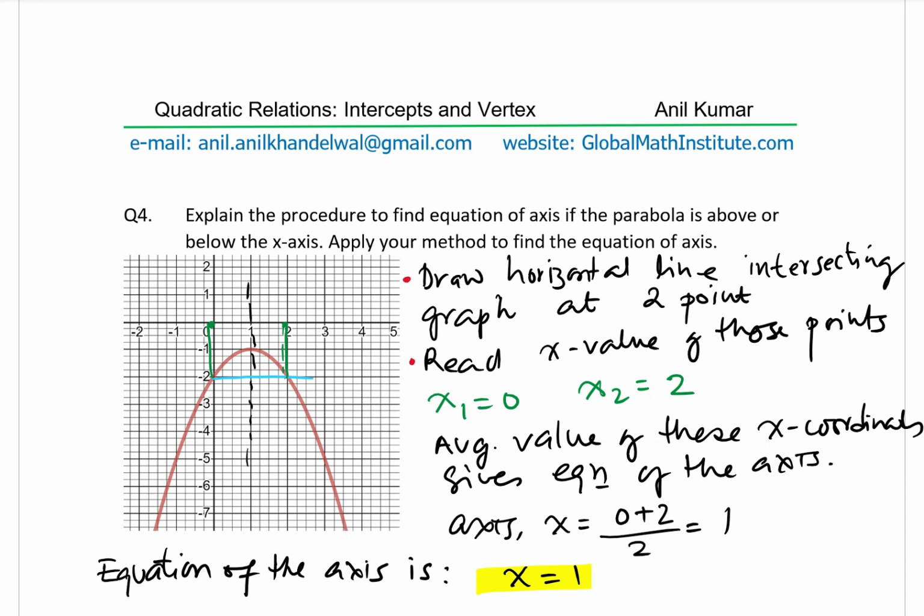So the whole idea of doing this exercise at the moment is to show you that this is an absolutely correct method and it works when we have a parabola which has no x-intercepts. So this is a special case where we do not have x-intercepts.